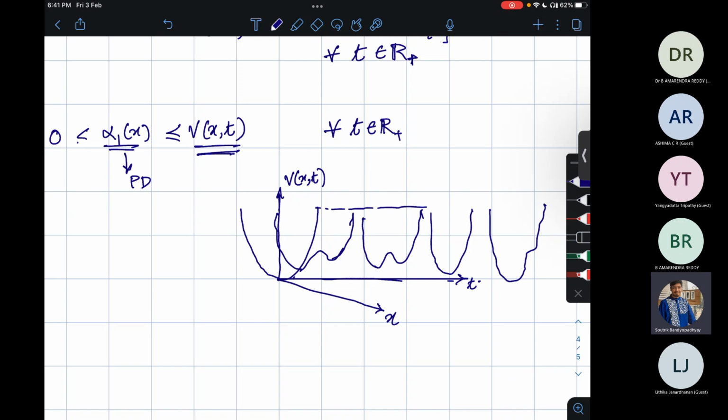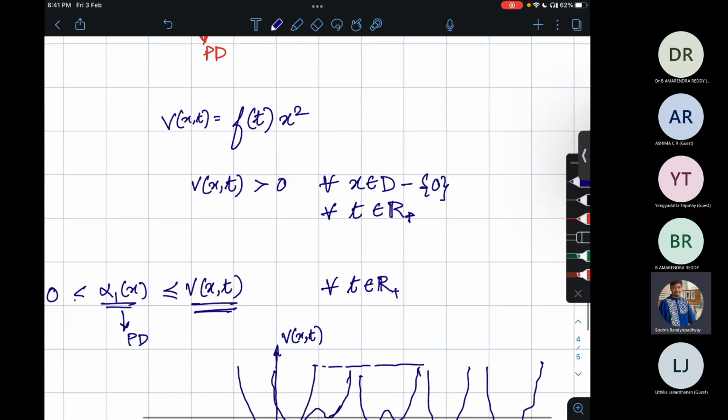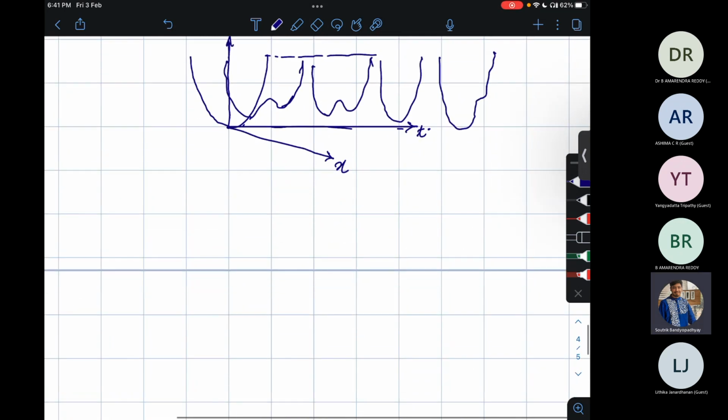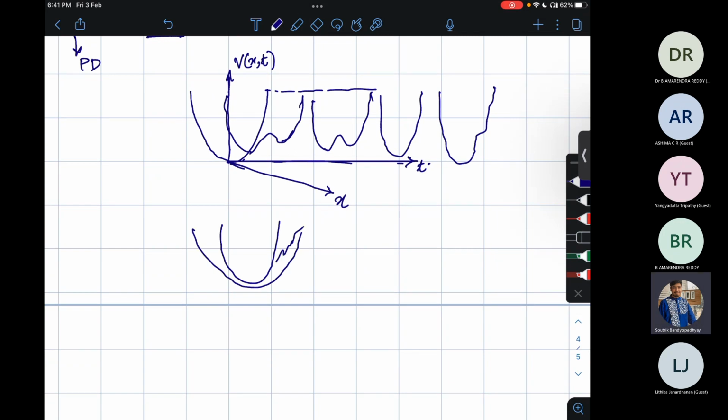The essence of this entire bound is saying that if you look at this curve, there exist two envelopes, one like this and one like this, between which the Lyapunov function lies at all time instants t.